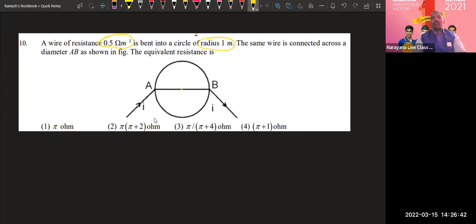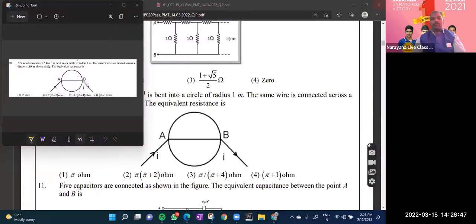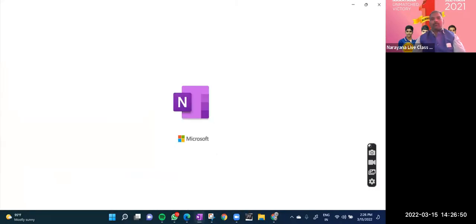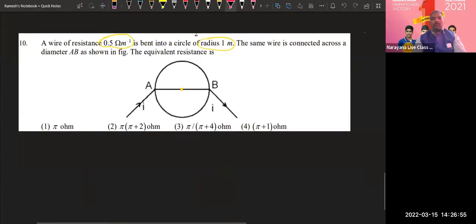What is the radius of the circle? 1 meter. What is the length of the wire? Pi into r, right? Length of the semicircle is how much? Pi r.